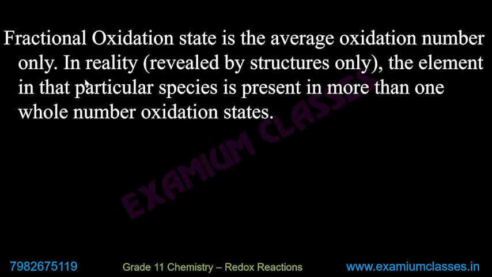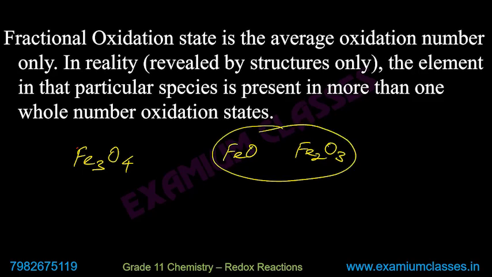The possibility is that the compound itself can be a mixture of two compounds. So for example, if we have Fe3O4, Fe3O4 is not just a single compound. It is actually a mixture of ferrous oxide and ferric oxide. When these two are combined, they exist in combined form.